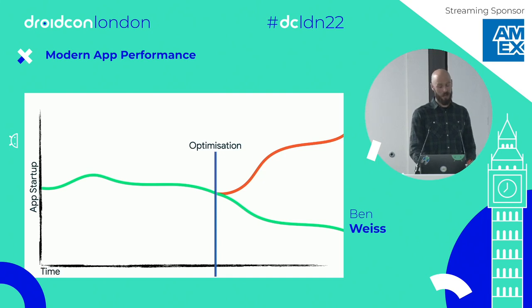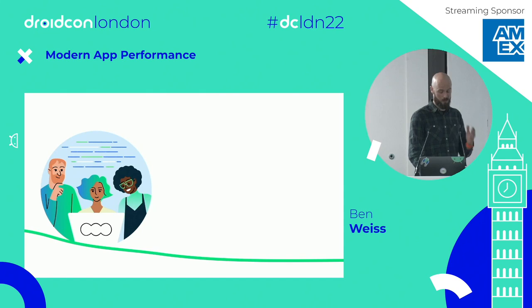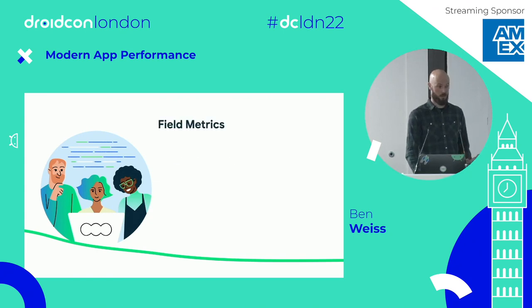And I don't want this to happen to you, so I will show you how to avoid that more easily. We have two different types of metrics available. One of them is field metrics. These are metrics that you see in the wild, so your users are seeing those in production. This is what you can gather in production, and it runs on real devices of real users.